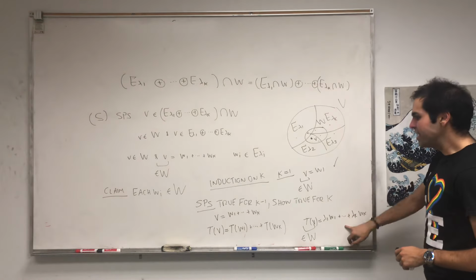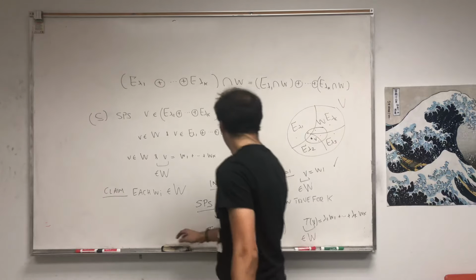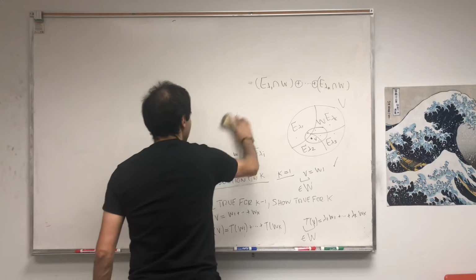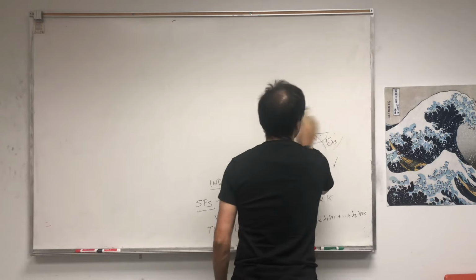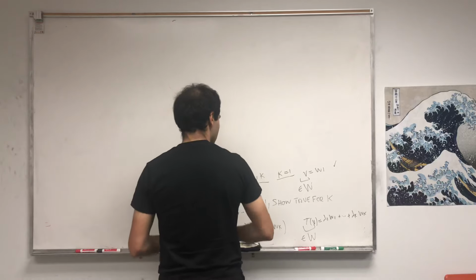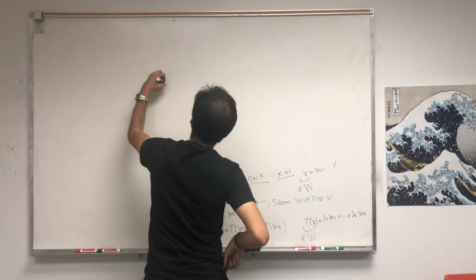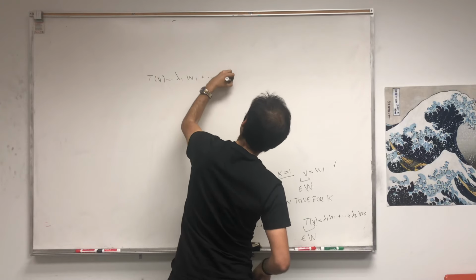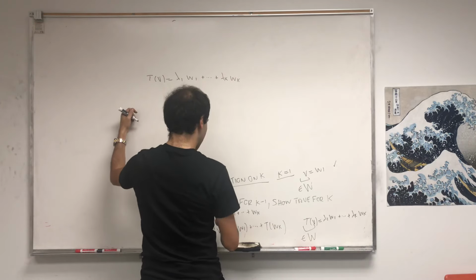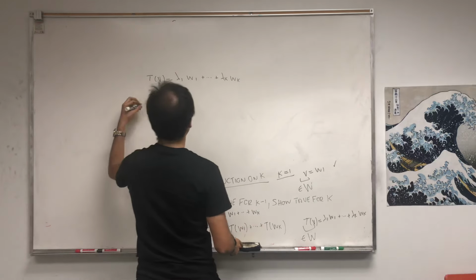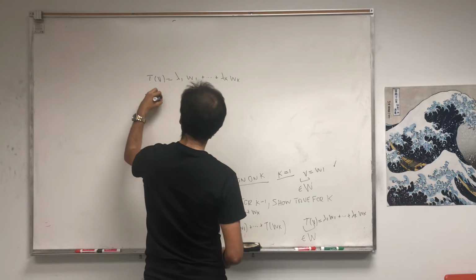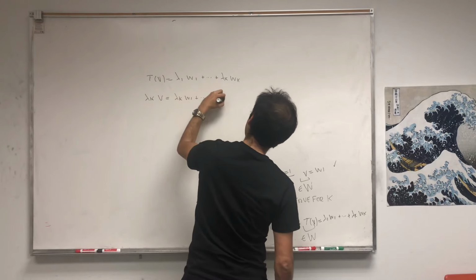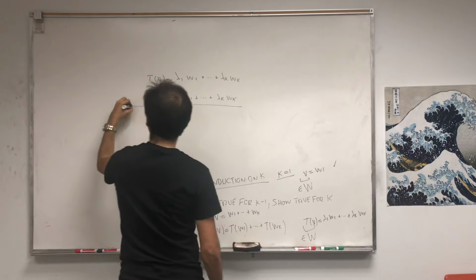And on the other hand, take this equation and multiply it by lambda k. So what do we know? We know T of V is lambda 1 W1 plus dot dot dot plus lambda k Wk. And on the other hand, lambda k V equals lambda k W1 plus dot dot dot plus lambda k Wk. And then just subtract.